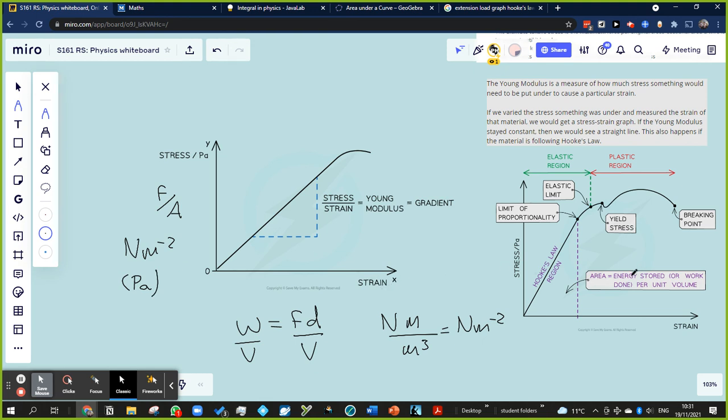According to this, the area underneath this graph is the energy stored. We won't go into the other bit. Let's just focus on this bit here: the energy stored, or the work done per unit volume.